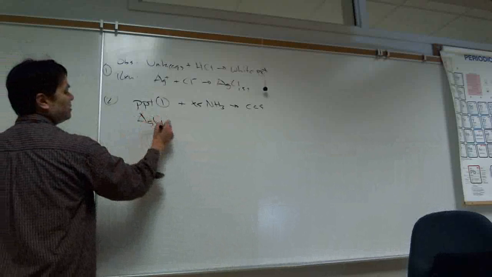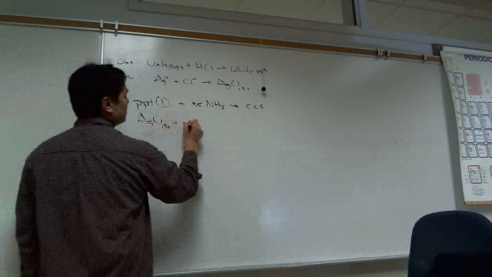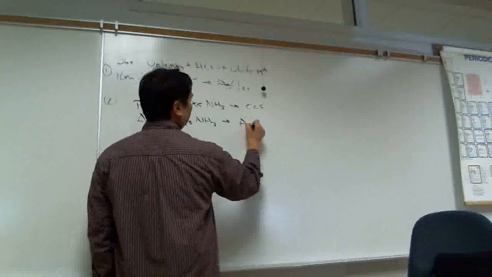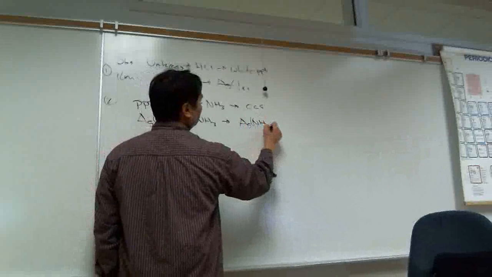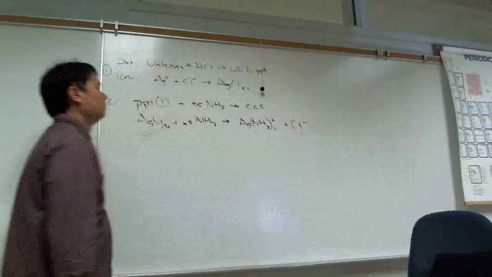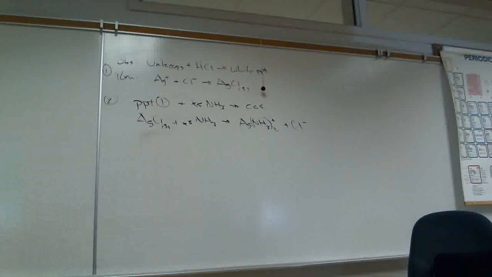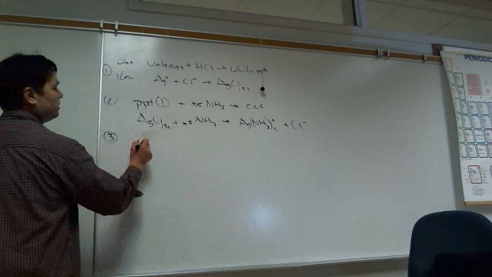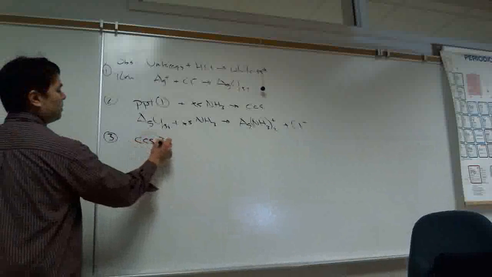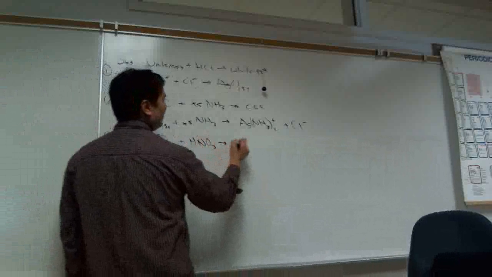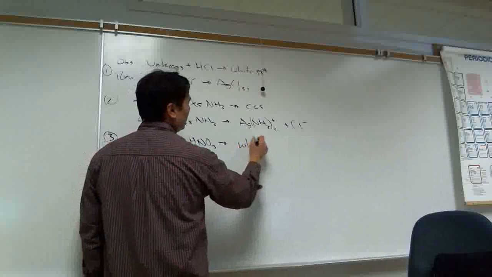Silver chloride solid plus excess ammonia yields the diamine silver ion and chloride. And then you added some nitric acid to this, right? So we took the CCS from part 2 and added some nitric acid to that, and then we got a white precipitate again.